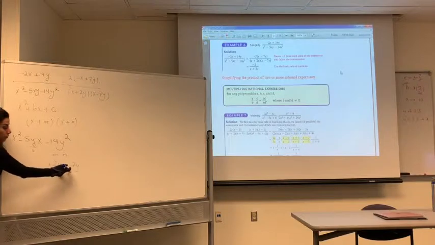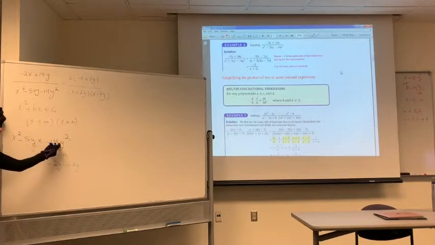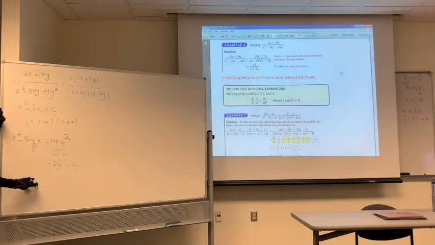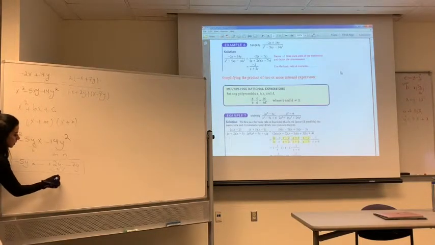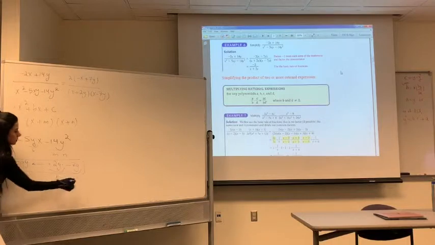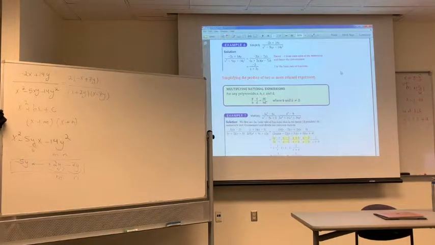Negative 2y multiply negative 7y gives us negative 14y squared. Correct. Right? And then negative 2y minus 7y gives us negative 5y. So m is this one, n is this one. Correct?